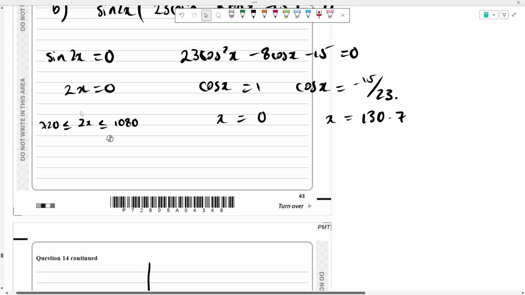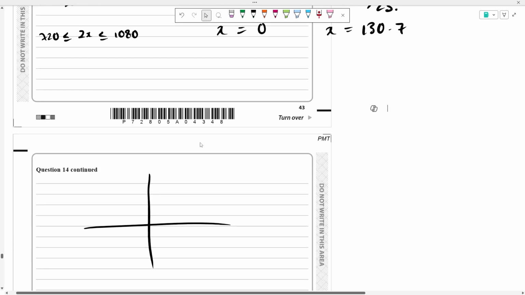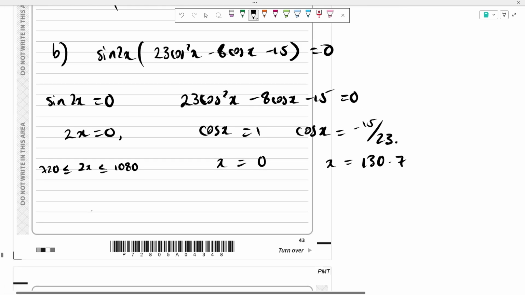Okay, so for our sine graph here, this is 0. Well, when does it hit 0? Essentially when you have some sort of symmetry in terms of a unit circle, but you're also going to have one on the opposite side. So actually you're going to have a 0 technically here as well. So essentially you're going to have one at 0, one at 180, one at 360, and so on. In this case, every time it hits 0, it's going to be every 180 degrees. But we want between 720 and 1080.